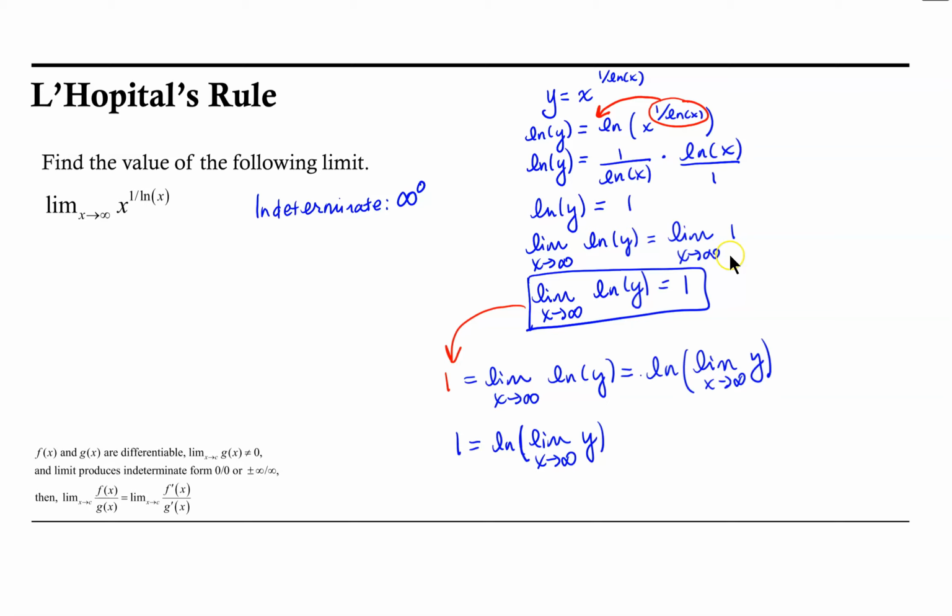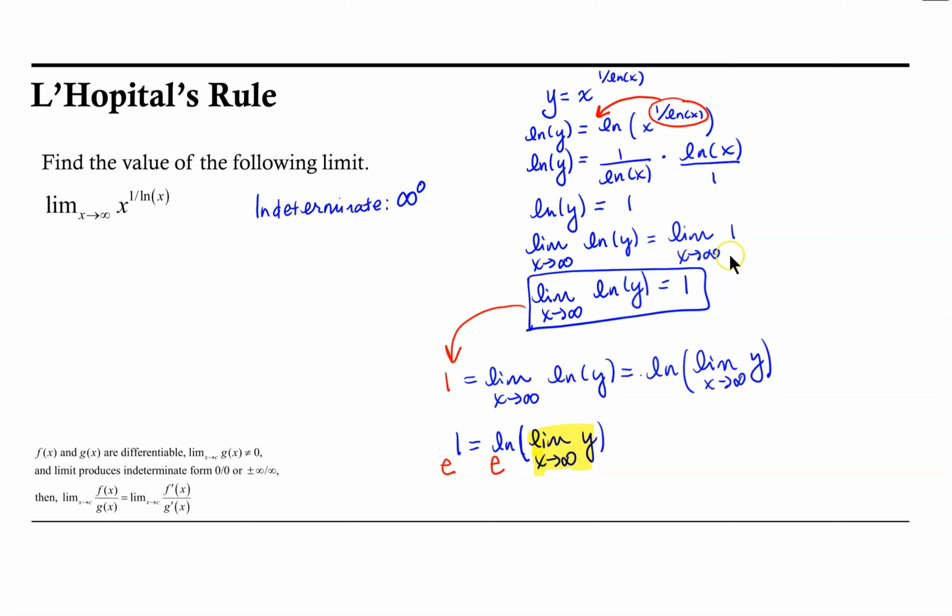And what we want is to know what this limit, the limit as x approaches infinity of y, is. So we can either exponentiate both sides of the equation, or you can just simply rewrite this logarithmic equation in exponential form. I'll go ahead and think of exponentiating both sides of the equation.